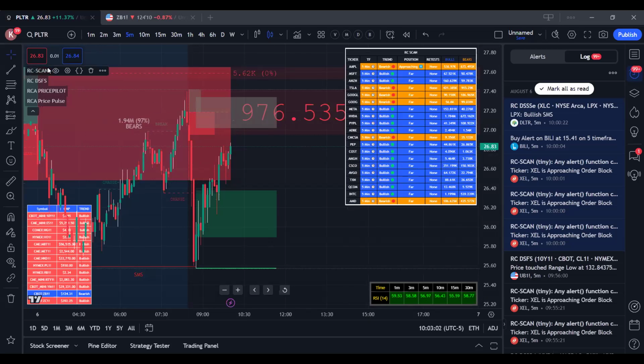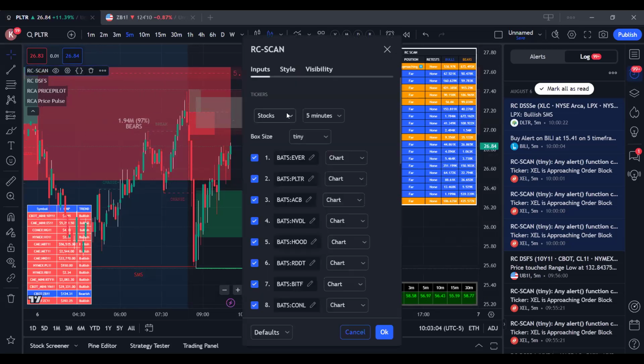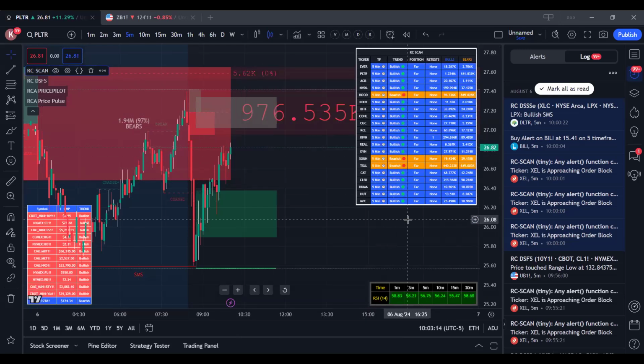We saw that PLTR had 1.24 million buyers and 181K sellers. That means nearly 5 times more buyers. That is our number one reason.